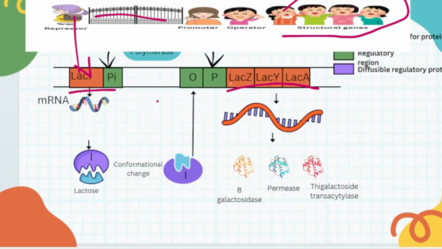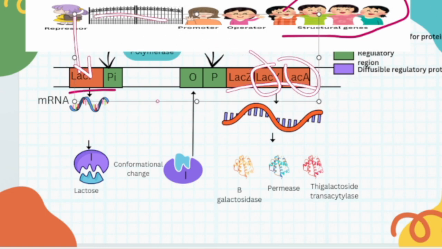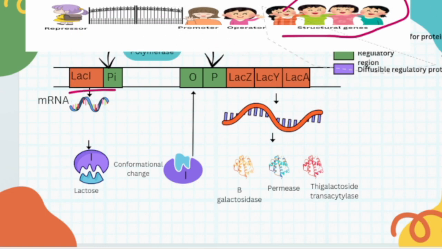So now there are three different structural genes involved over here, that is the Lac Z, Lac Y and Lac A. These are the structural genes. Now each of these structural genes is responsible for producing proteins which will help the lactose operon to be worked upon.